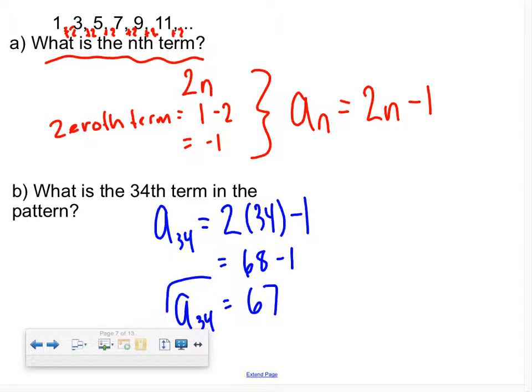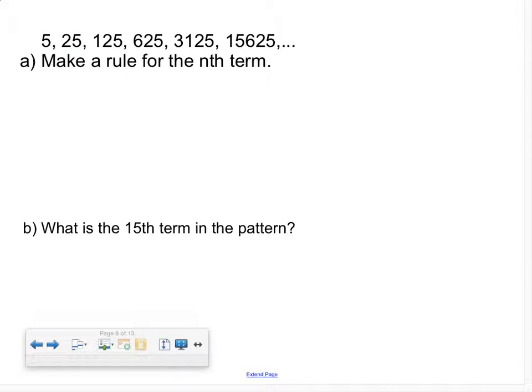That's the 34th term. Here's our next example. Go ahead and take a look at it. See if you can figure out what's going on.